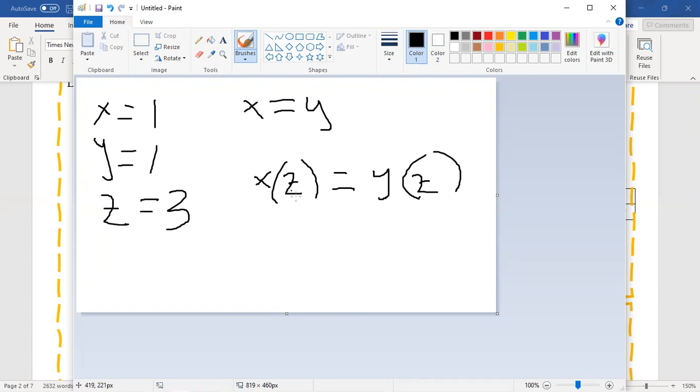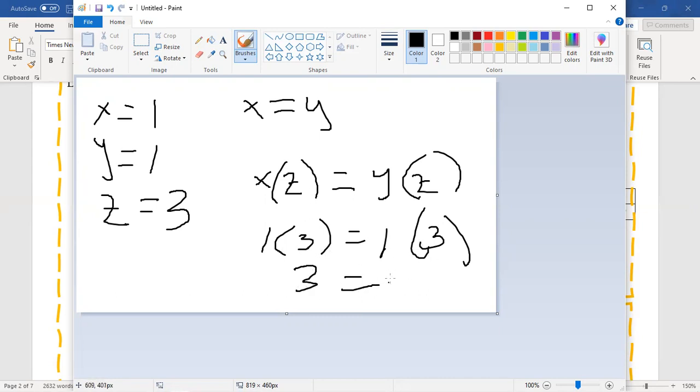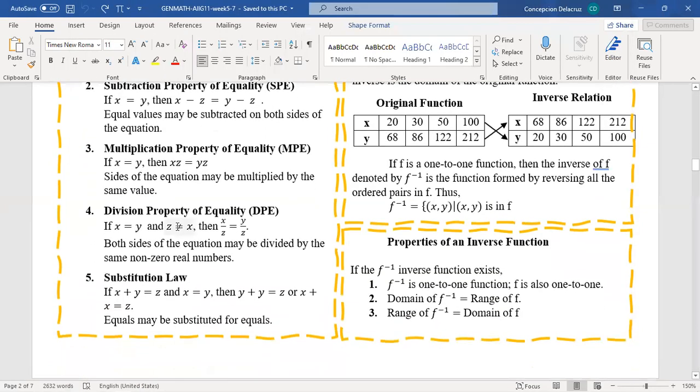So x times z is equal to y times z. Substitute the value of x, which is 1. The value of z is 3, is equal to 1 times 3. So 1 times 3 is 3. And 1 times 3 is 3. Therefore, they are equal.